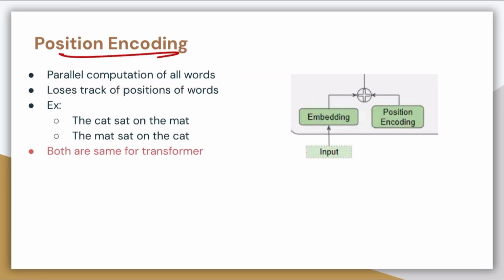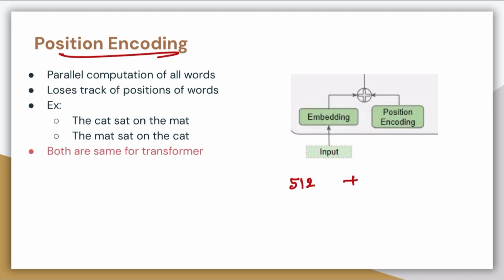Now if you see, "the cat sat on the mat" or "the mat sat on the cat", both are the same for the transformer, but the meanings are completely different, right? Because there is no position information. Now we need to add the position information. This position information is added to the embedding vector, right? Suppose my embedding vector is 512 dimensions.